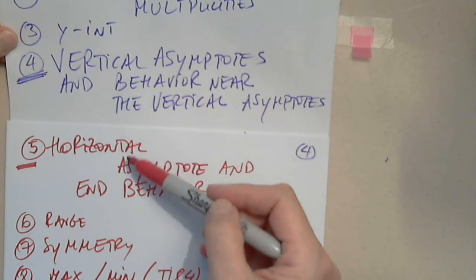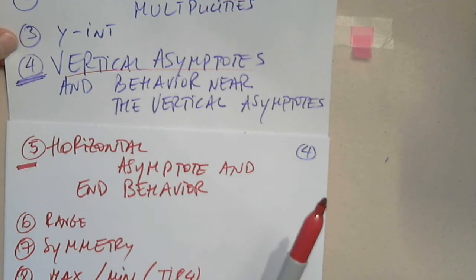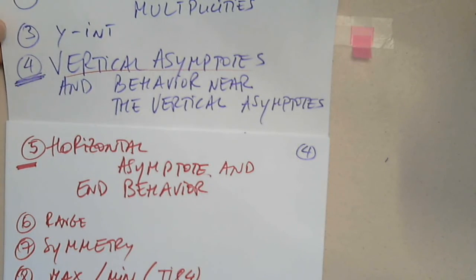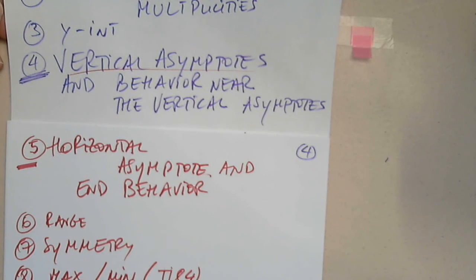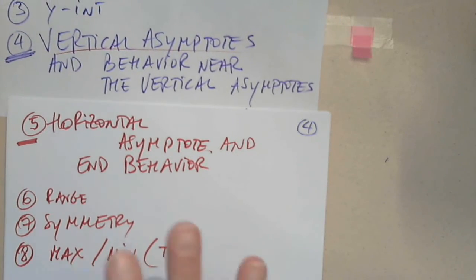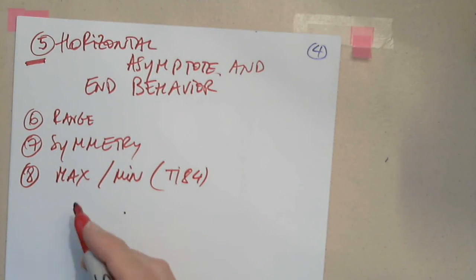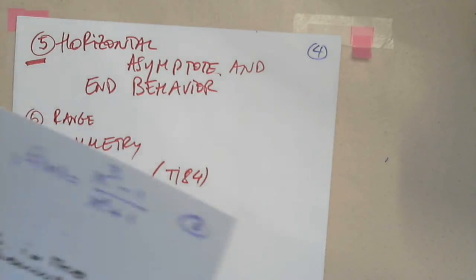So 2 new things: vertical asymptote and horizontal asymptote. I'm going to add some amendments here later, but this is pretty much what we need. We are back to our function, f of x equals x plus 1 over x minus 1.